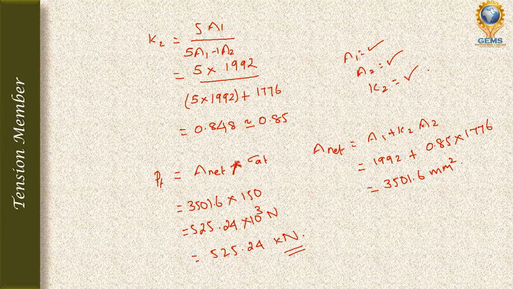So this is the tensile strength of the member if two angles are connected on the same side and the angles are tack riveted.